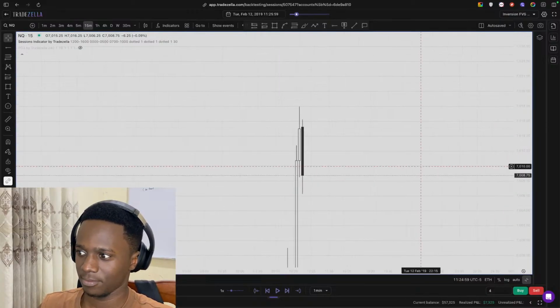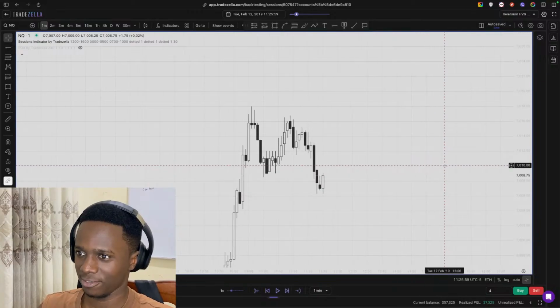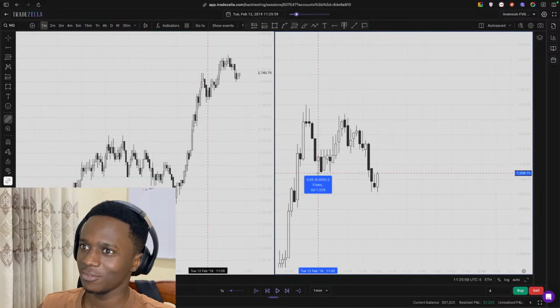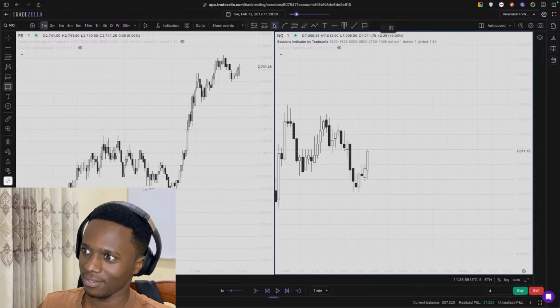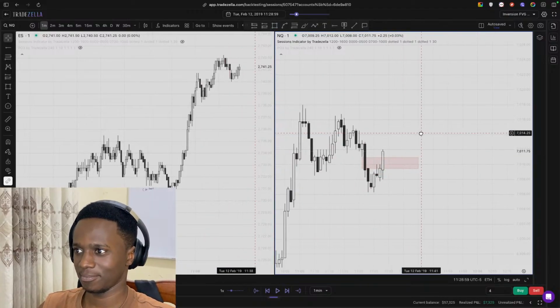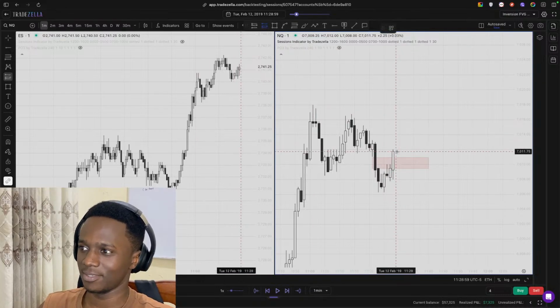We get a 15-minute gap retracement and a 5-minute with another SMT, and then price inverses. Let's see if it heads all the way to this high here.